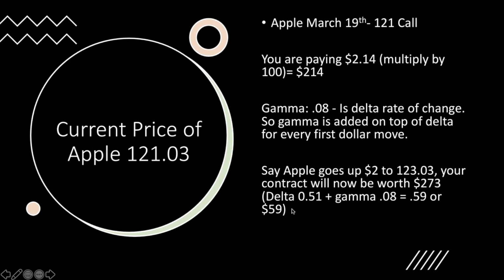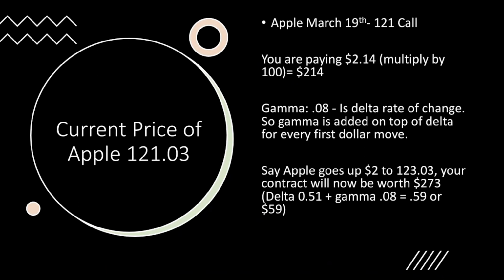The way that works is delta, again, is 51 cents for that first dollar move, plus gamma, because it went up $2 now. So you add 8 cents of gamma on top of the 51 cents. So you have a 59-cent move, or $59. That's why your contract went from $214 to $273, because it went up by $59.